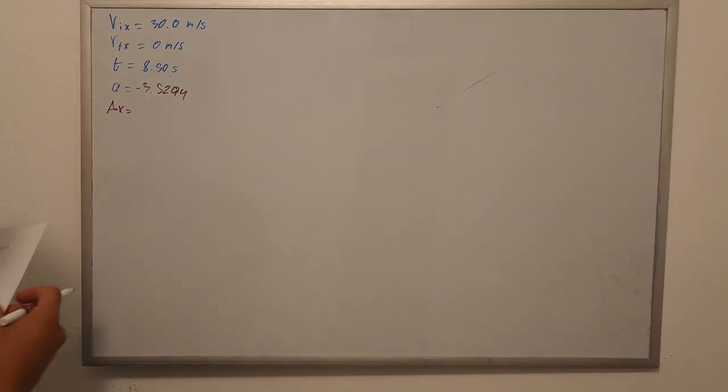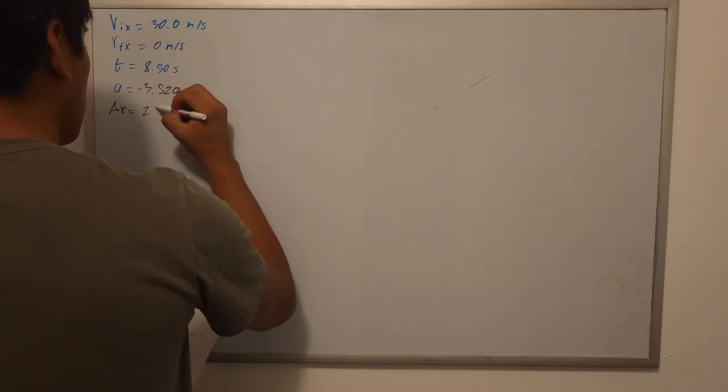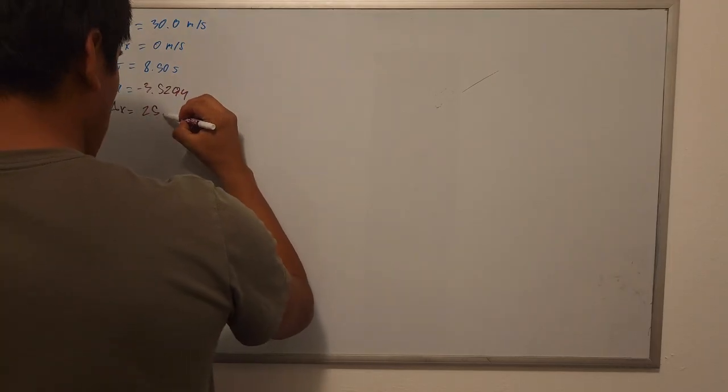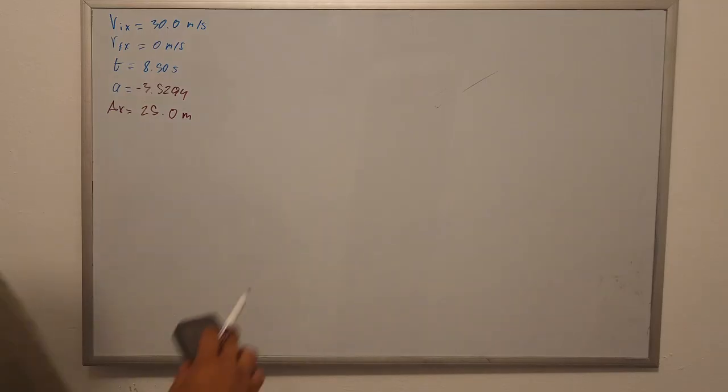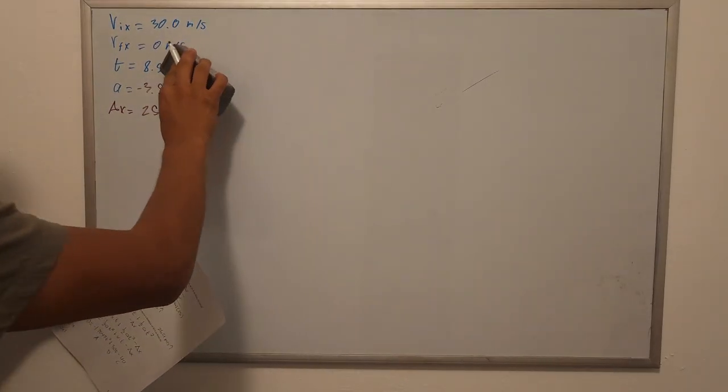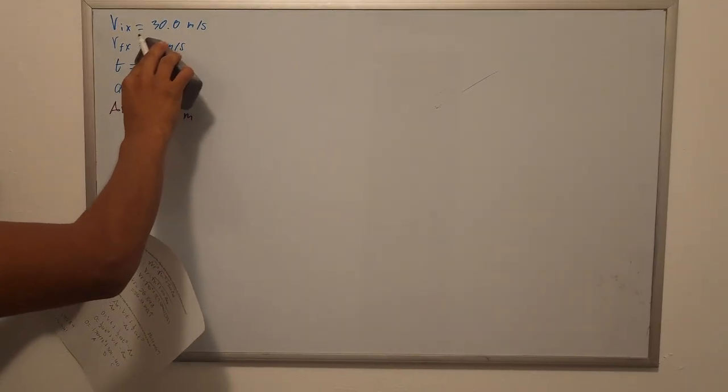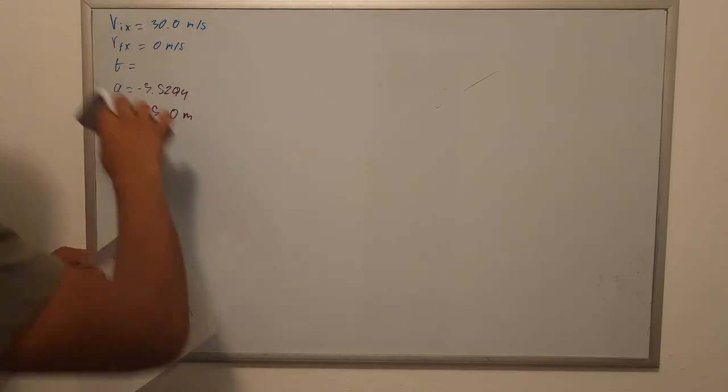It's going to be 25. And the time could go as well, because we're going to have a different time in this case, although we're not solving for time right now. Everything there's good.